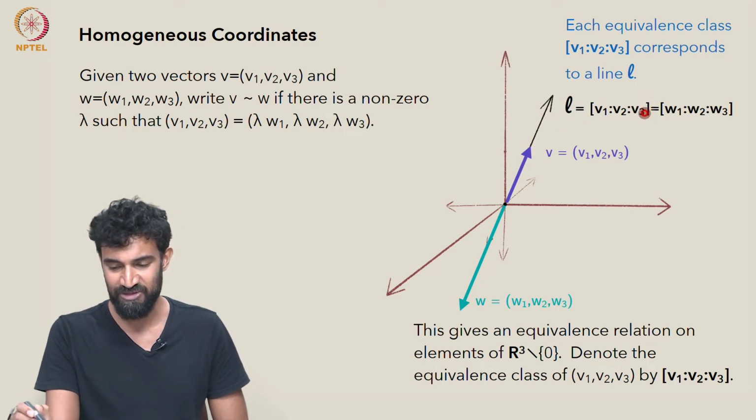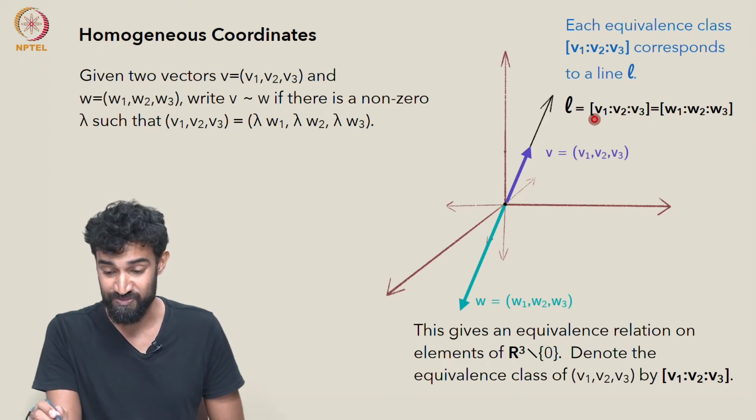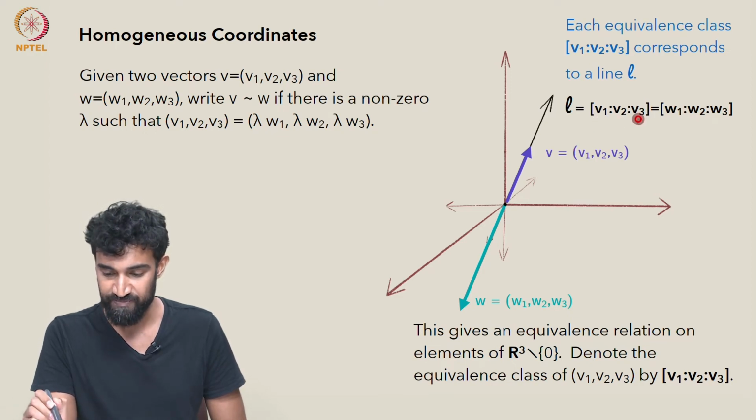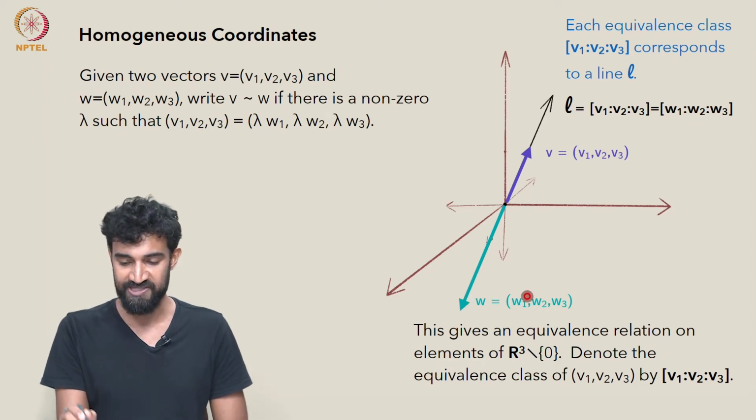We'll think of L as really being this homogeneous coordinate here, [v1 : v2 : v3]. And there are many different ways you can refer to this line L via homogeneous coordinates. You could write v1 : v2 : v3, or you could write w1 : w2 : w3, where w is a scalar multiple of v.